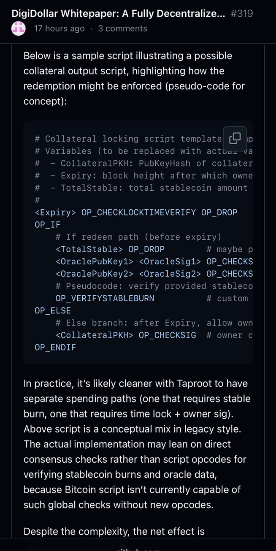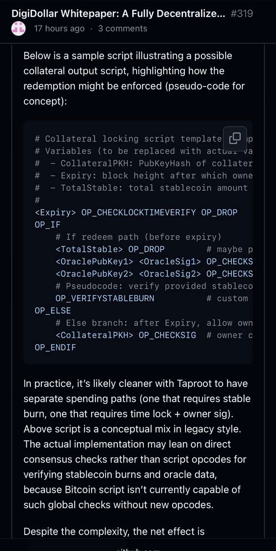Oracle pubkey 2, Oracle sig 2, OP_CHECKSIGVERIFY; need a mechanism to get price, assume done via opcode or passed in. Pseudocode: verify provided stablecoin burn equals total stable, or appropriate portion. OP_VERIFYBURN, custom opcode, checks that stablecoin inputs in this TX equal total stable.